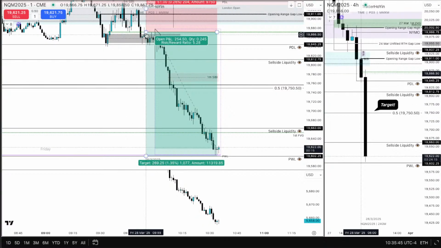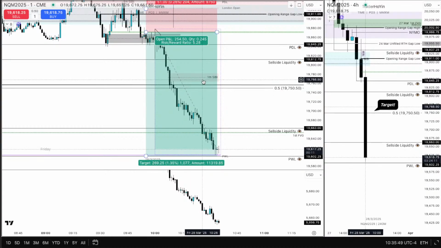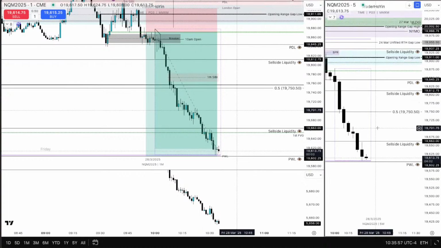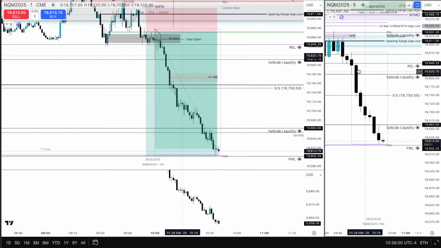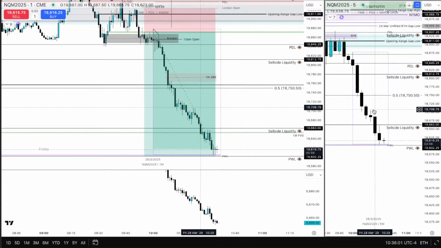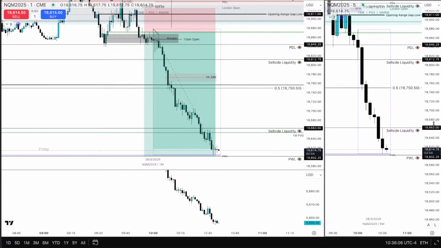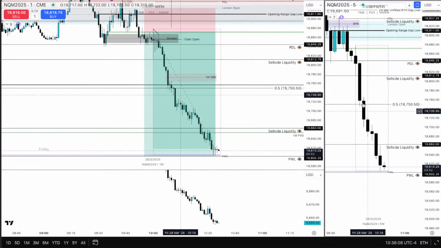Usually price will drop, reaccumulate, and then drop again, but today it just did it in one go. On the 5 minute there's no swing high, no swing low. It just dropped.